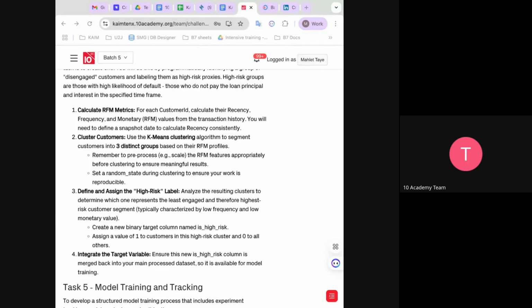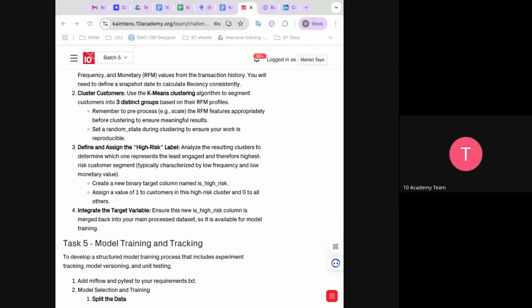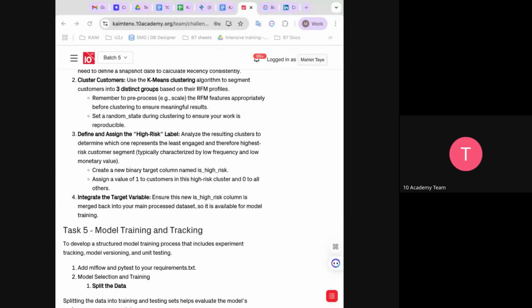So based on this risk signal, you can train a model later on, and you can have a predictive model that can calculate that risk from the alternative data that you have.